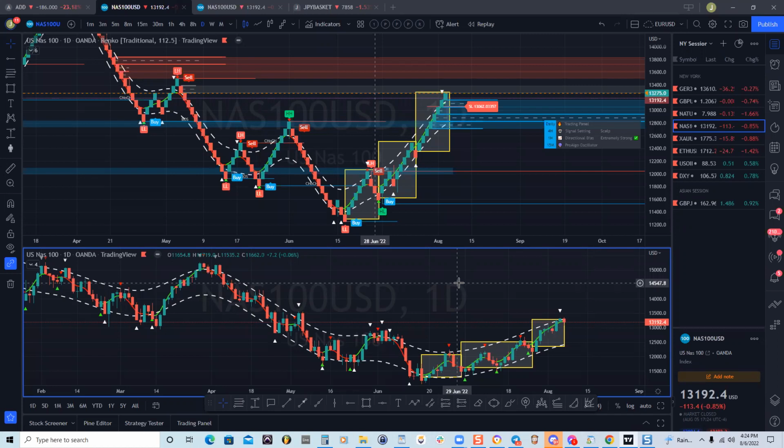So you could get burned, because I used Renkos before. Renkos are good, but when you enter, you have to make sure the break itself closes, because if it doesn't close, it could develop a new break going down or up, depending on the direction. You know what I'm saying? So you have to wait.